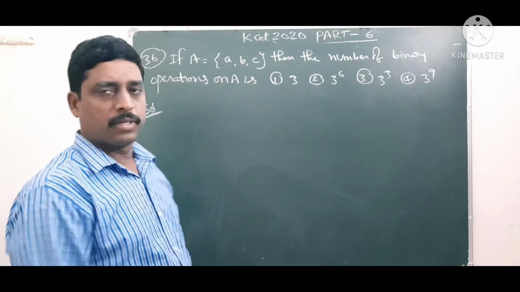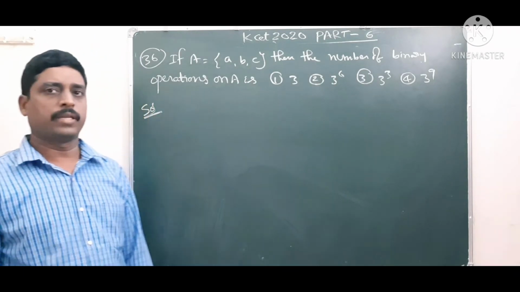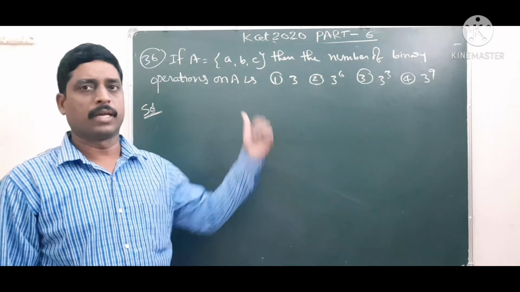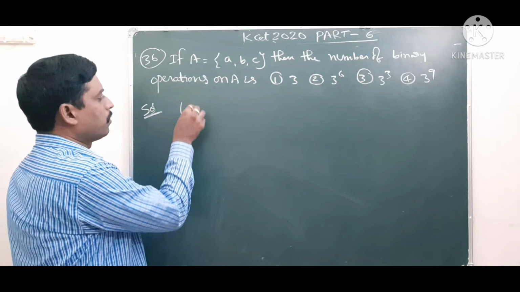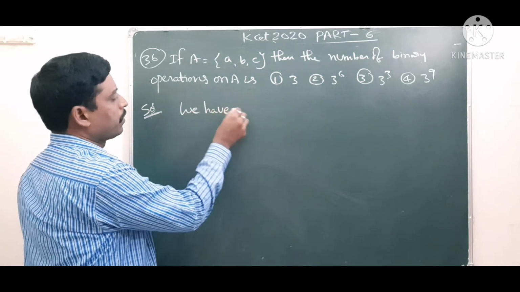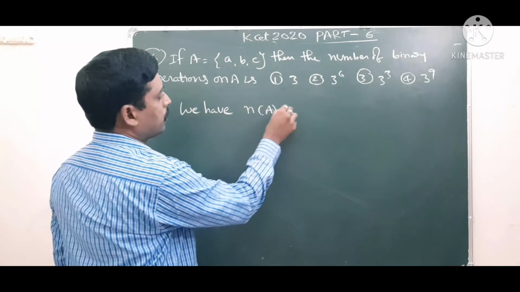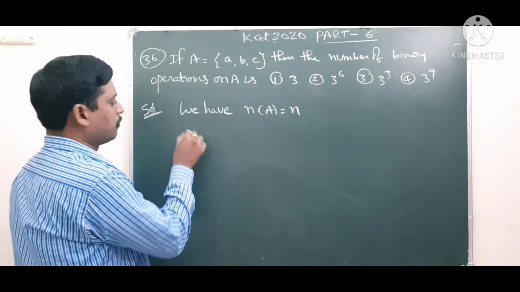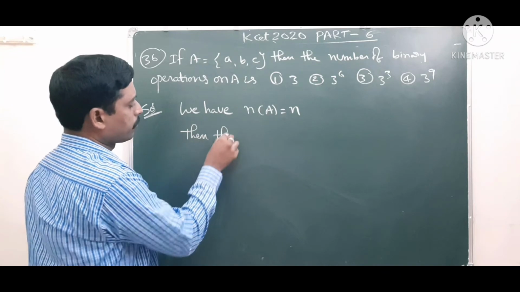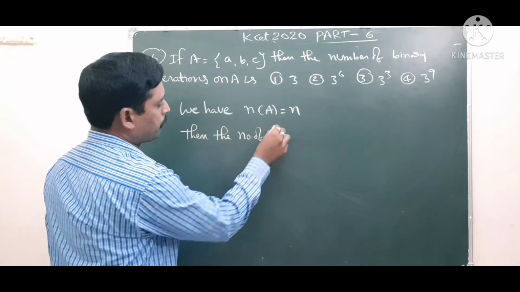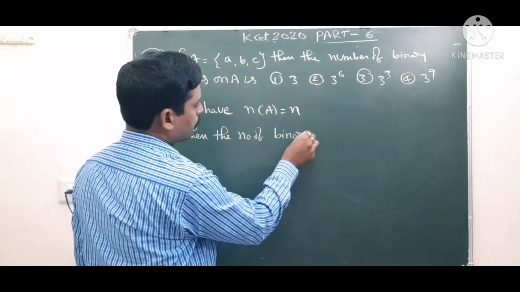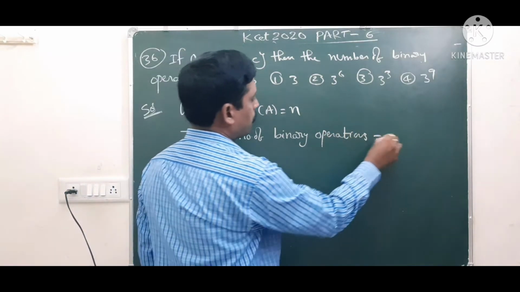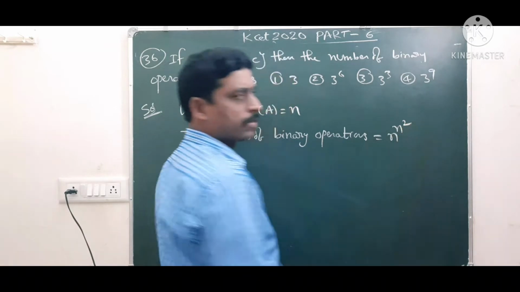So let us see question number 36. If A has 3 elements, find the number of binary operations in A. We have one formula. If the number of elements in A is n, then the number of binary operations is equal to n to the power n square.